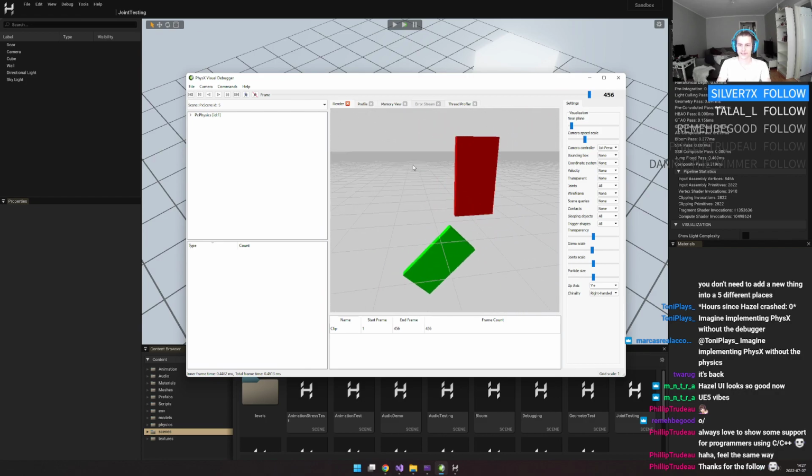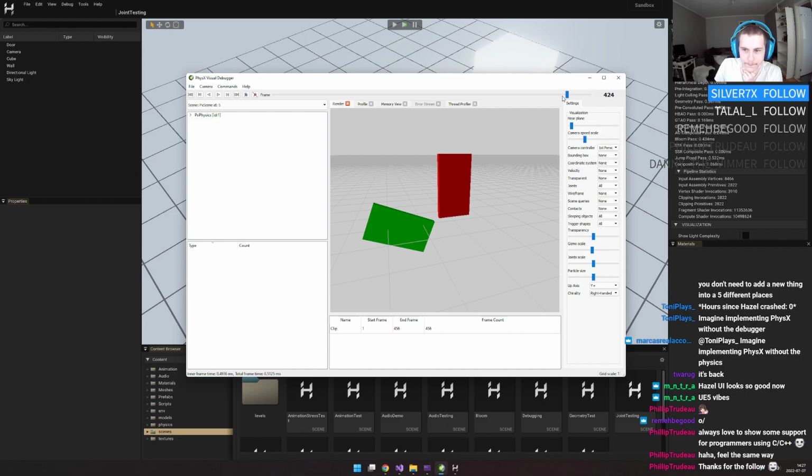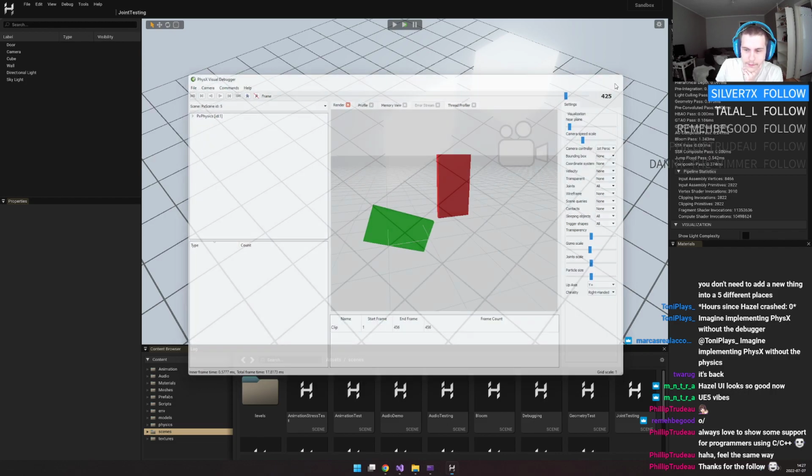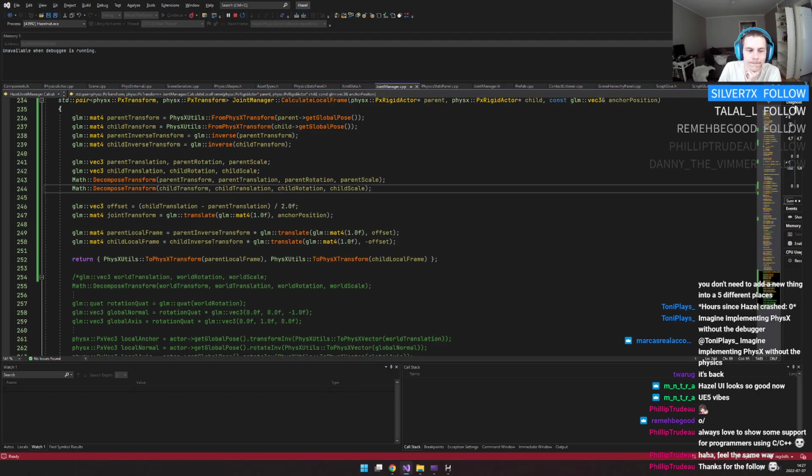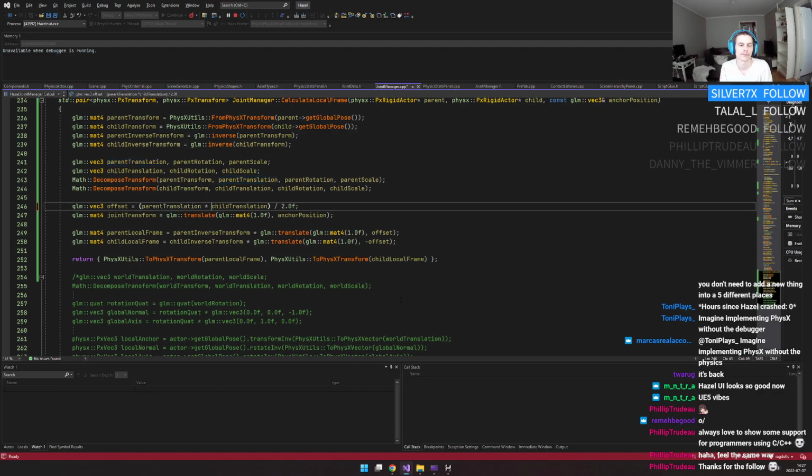I suck at dealing with matrices. Maybe we need to do an inverse on this.